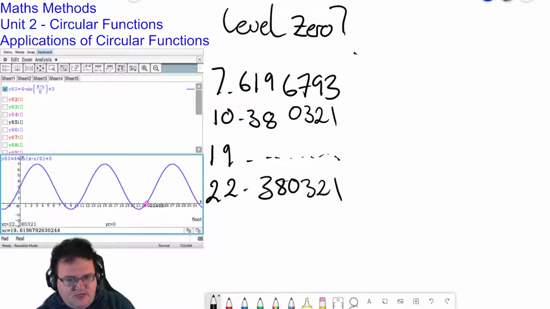Because clearly I can't do anything with them. I can't just say, oh, it's at 7 hours and 0.619 hours. That doesn't make sense. People use minutes and seconds. So that's 7.6196 hours. So I need to take those decimal points and I need to do something to them.